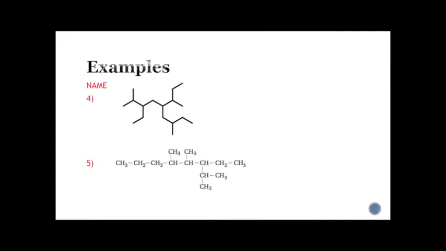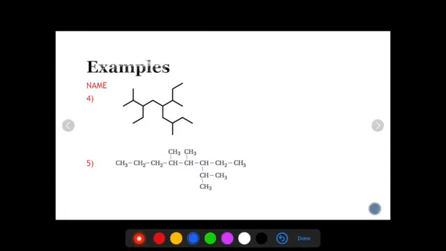Okay, let's keep going here. So on this one, the longest chain is going to be right here. Whoops. Let's try that again. Okay, that's going to be the longest chain because we're going to get 1, 2, 3, 4, 5, 6. Oh, I'm going the wrong way. 5, 6, 7, 8, 9.